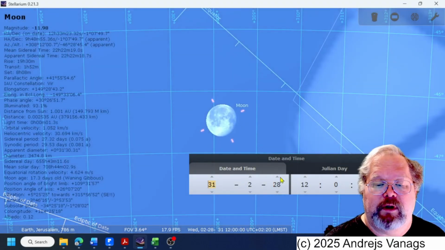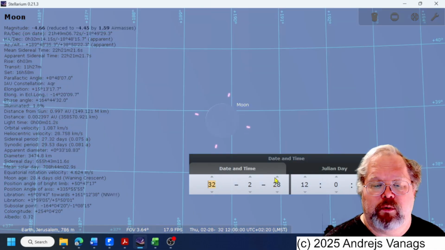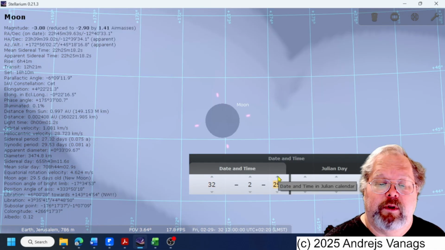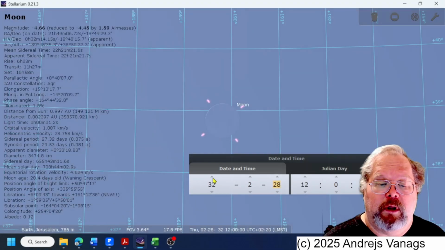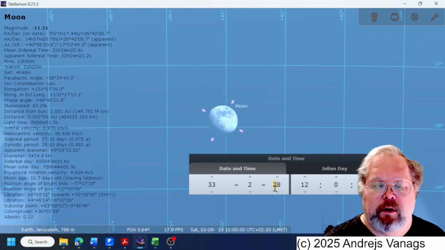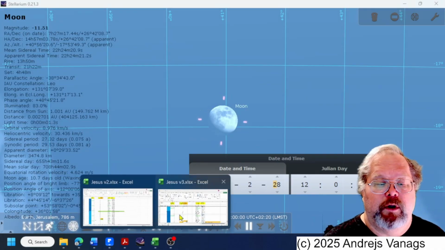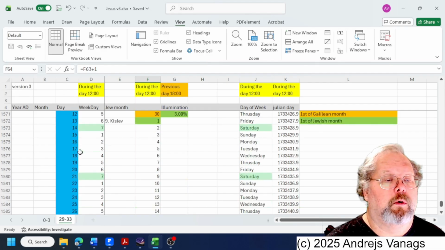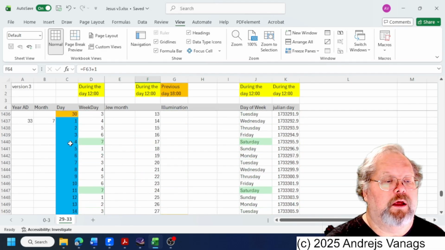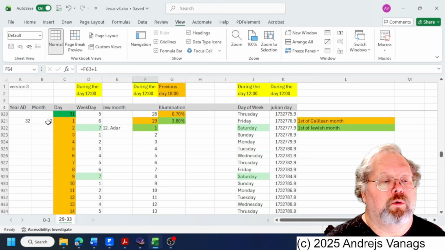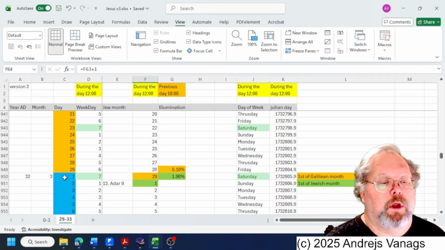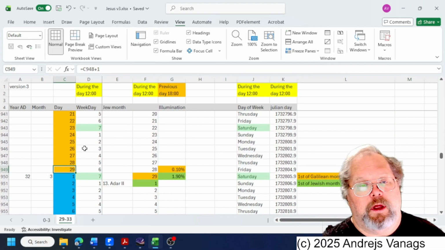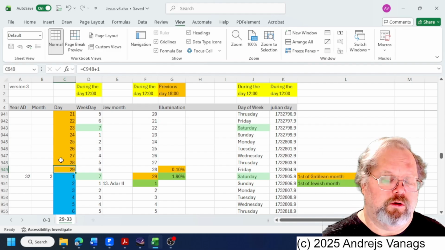So 31, is that a leap year? No, it goes to March. Year 32, is that a leap year? Yes, 32 is a leap year. And 33 is not a leap year. So then we can make sure that our calendar on year 32 has a 29-day February, and we properly accounted for the intercalated day in the Julian calendar, or leap day.